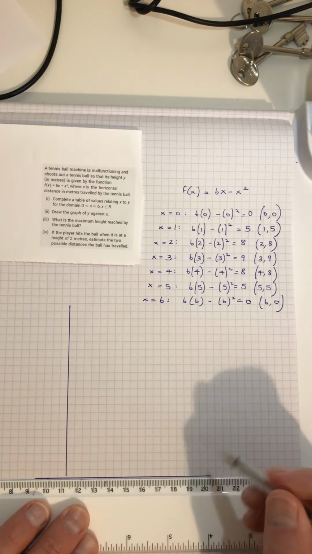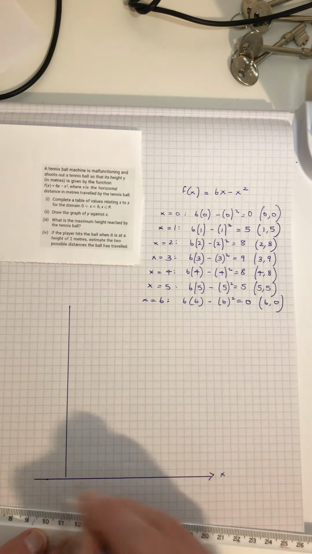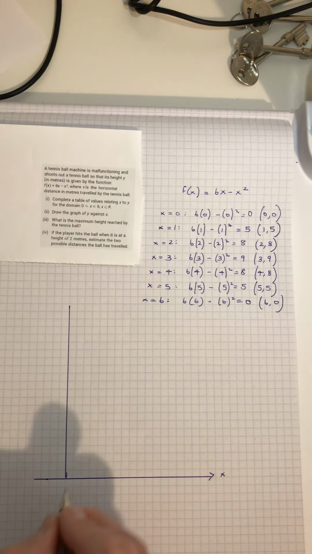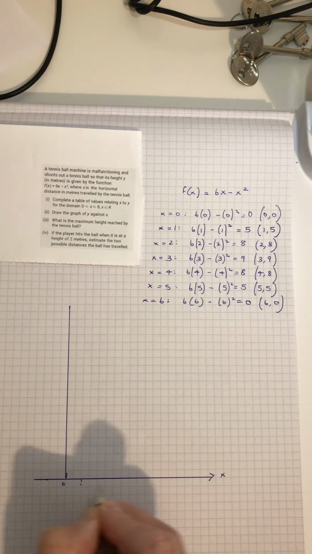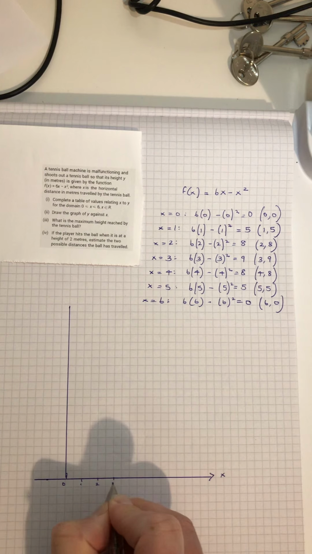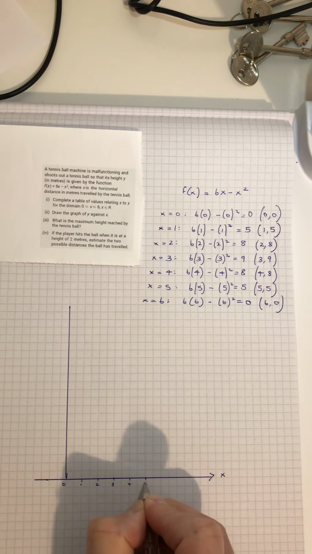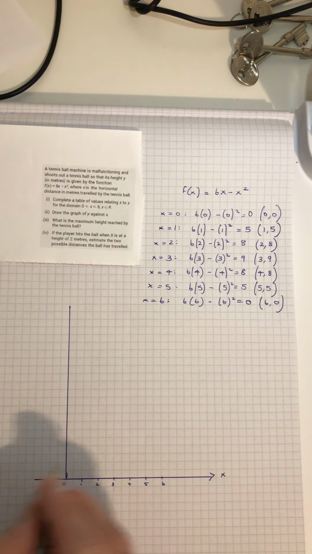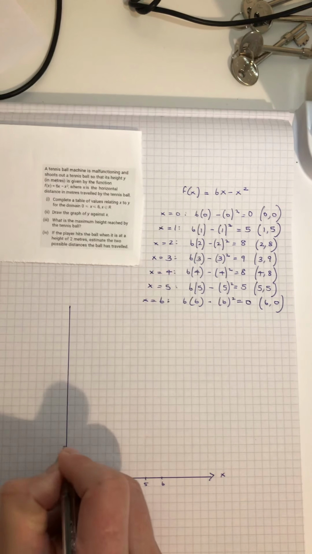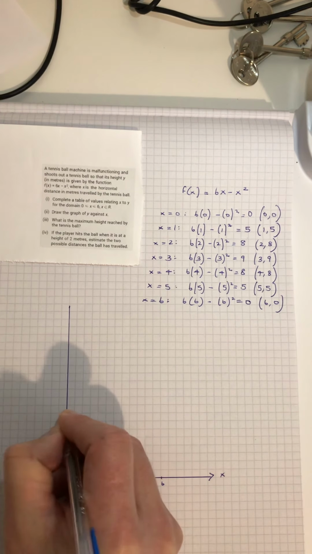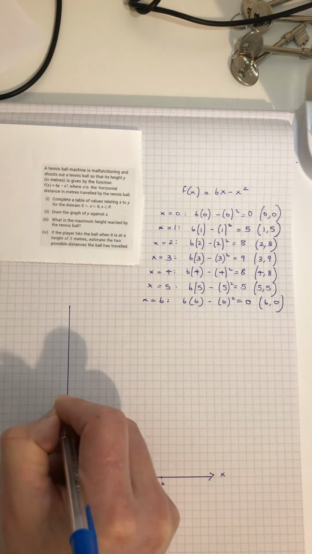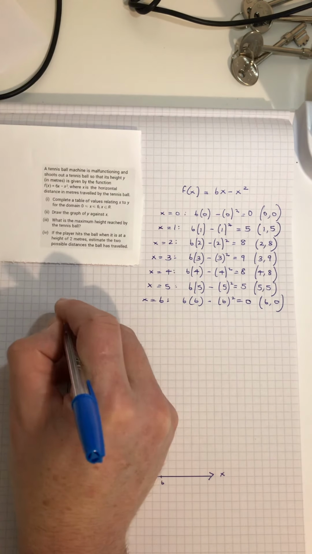So we don't have any minuses in this one. So there's our x. So 0, 1, 2, 3, 4, 5 and 6. Going up as far as 2, 4, 6, 8, 10 on our y-axis.